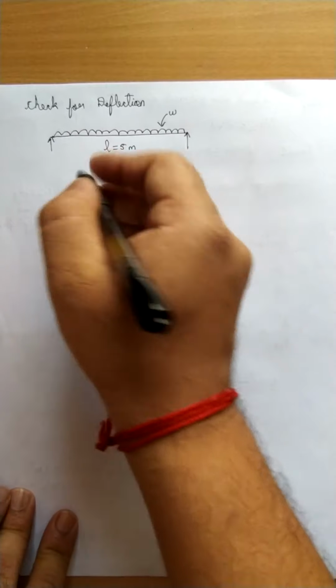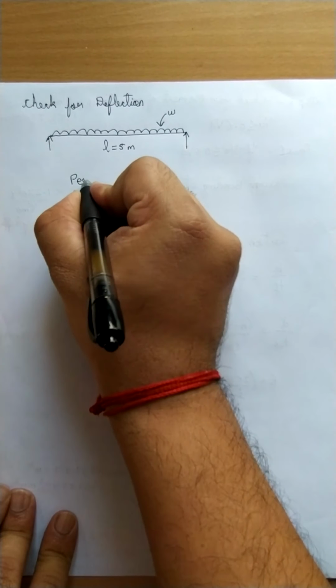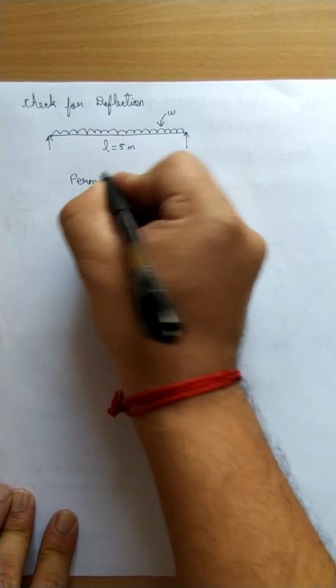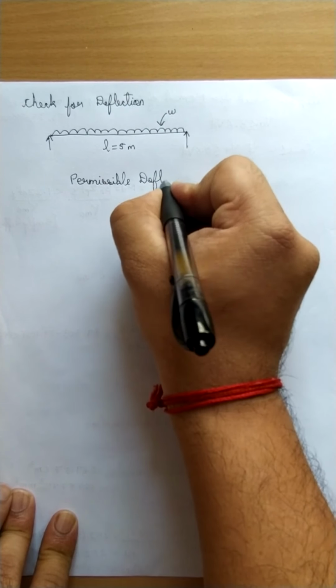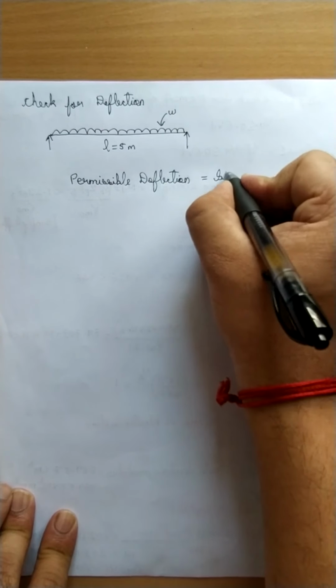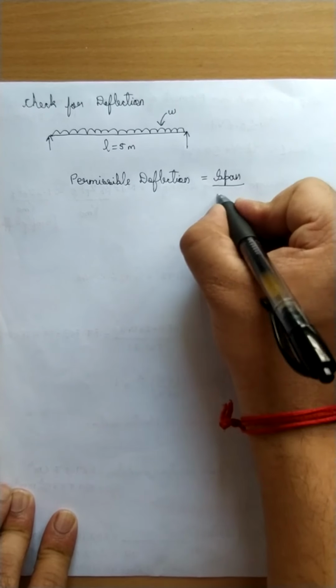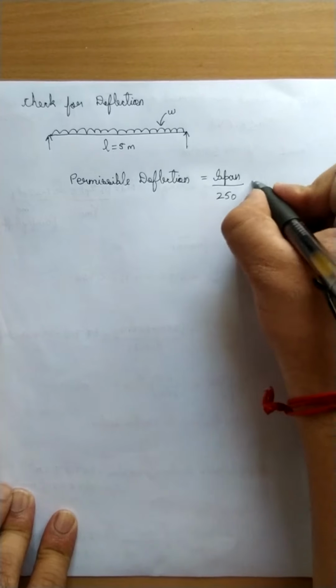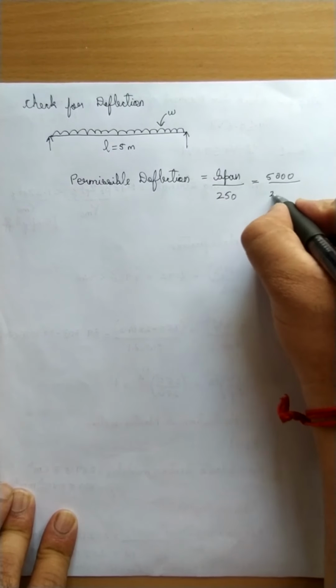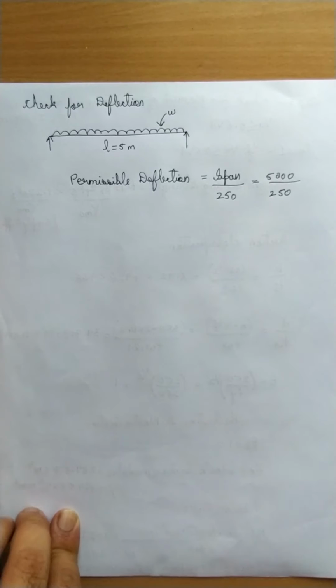So permissible deflection is span divided by 250. Our span is 5 meters, so I will write it as 5000 mm divided by 250.